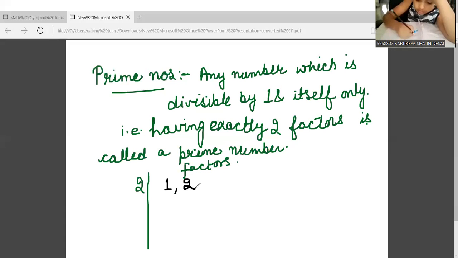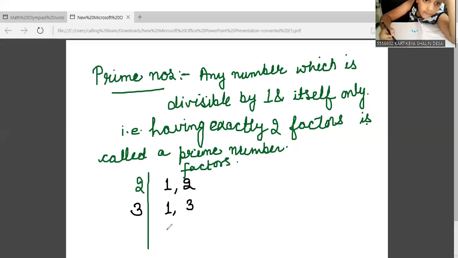Can you say that every number is divisible by 1? Yes. Also, can you say that any number is divisible by itself also? Yes. So every time you take, suppose 3, how many factors are there? 1 and 3.